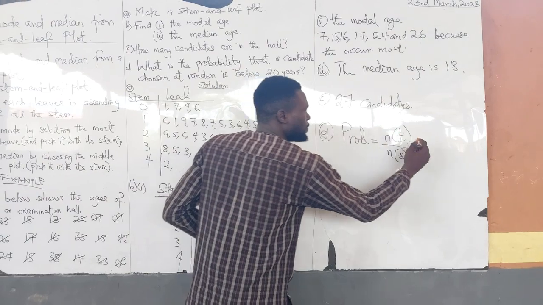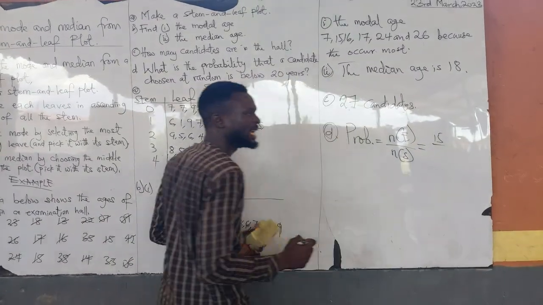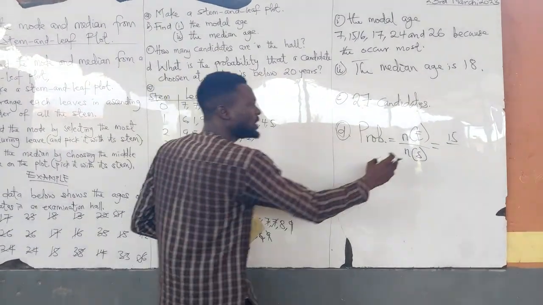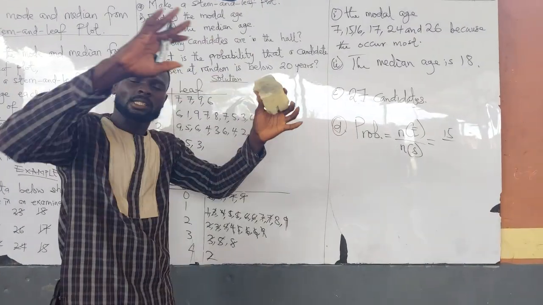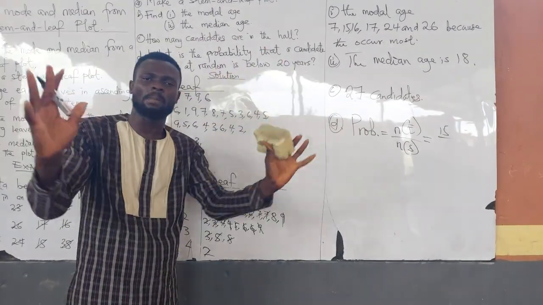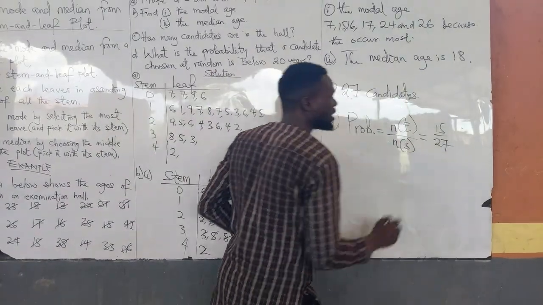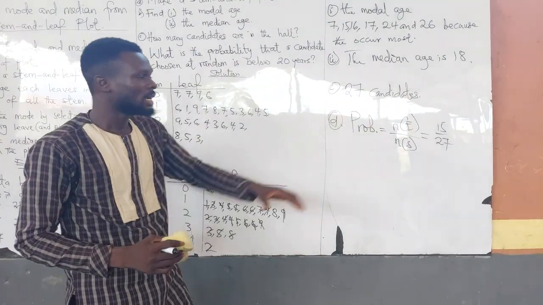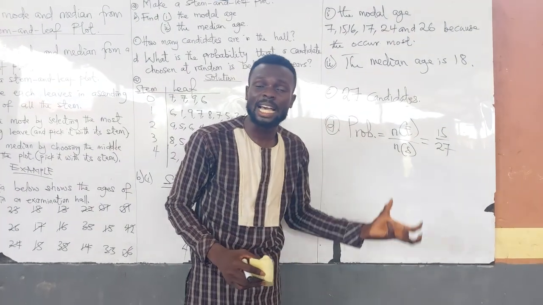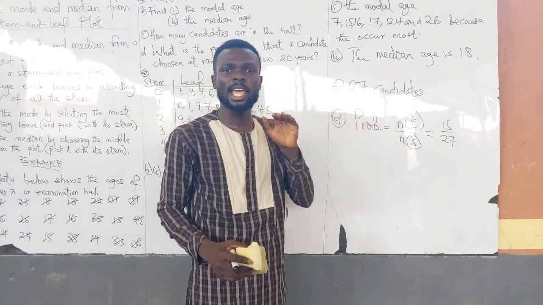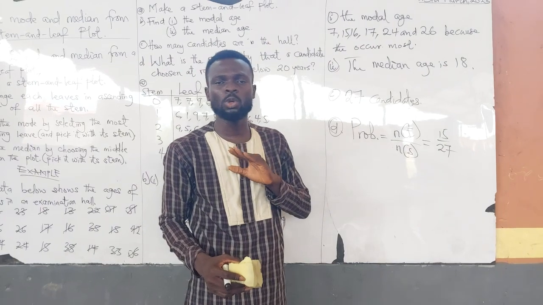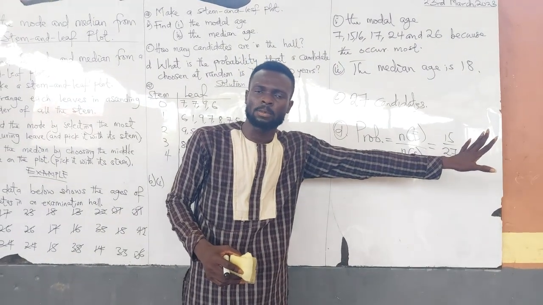So the number of events is 15. Then you divide the 15 by the sample space, the total number of candidates in the hall, which is 27. Now look at the fraction you have. Can you simplify? If yes, simplify. If no, leave it like that. And that gives you the probability.